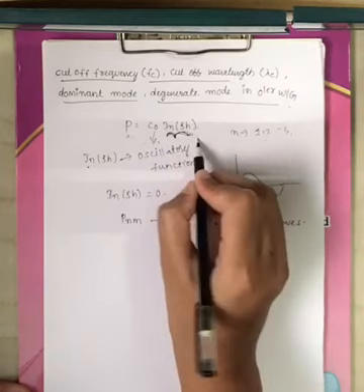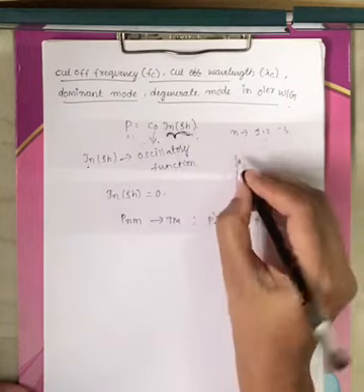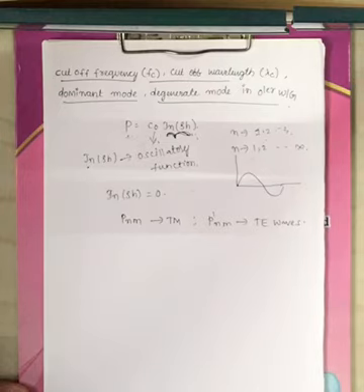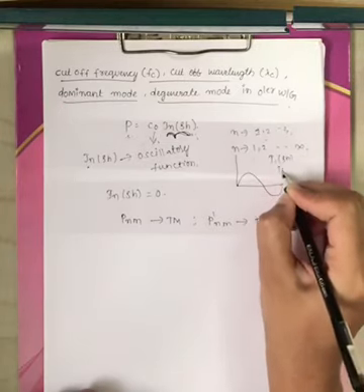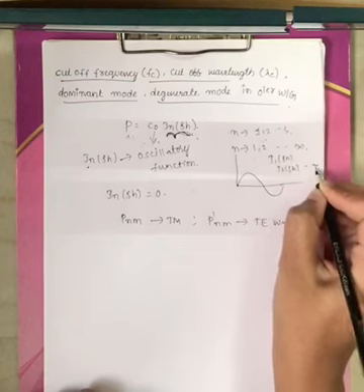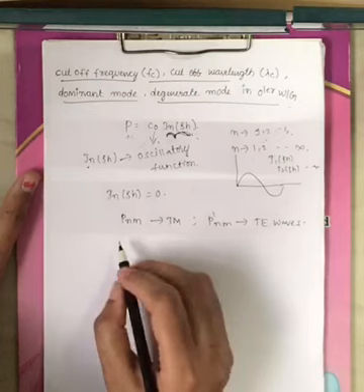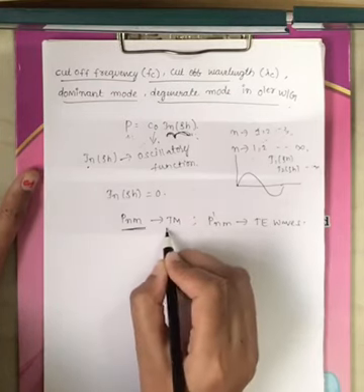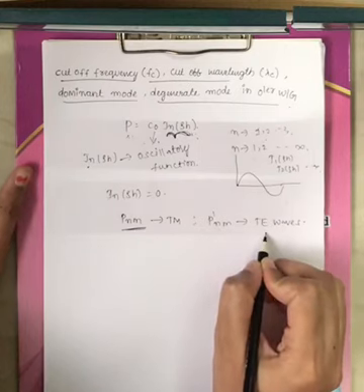This Jn of rho h is an oscillatory function with infinitely many roots, because n varies 1, 2, 3, and so on up to infinity. That means you will have J1 of rho h, J2 of rho h, and so on, each with infinitely many roots.